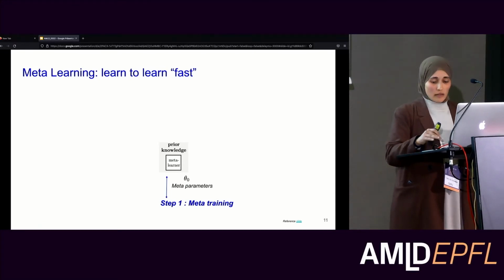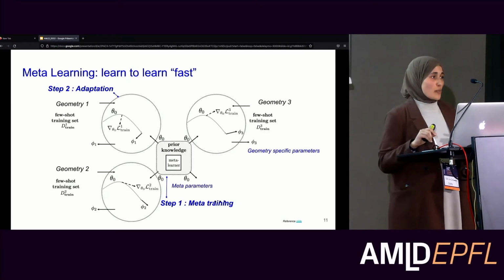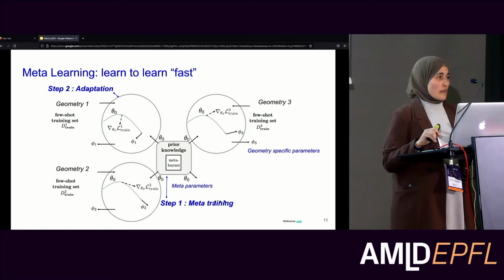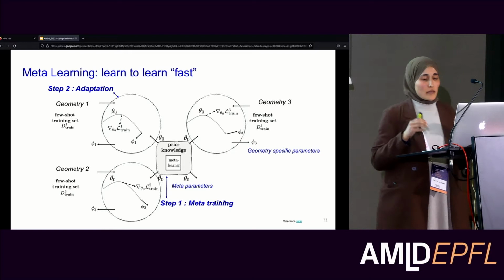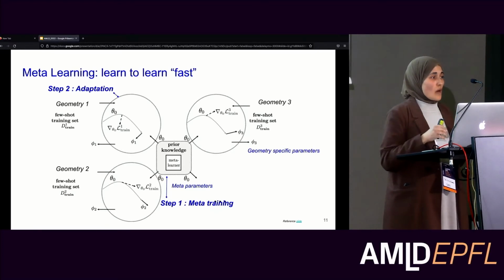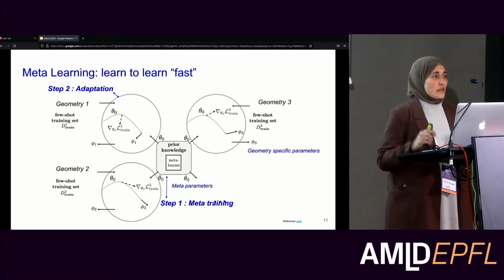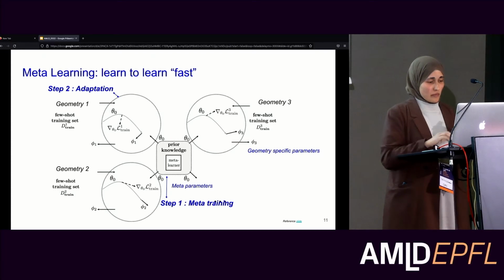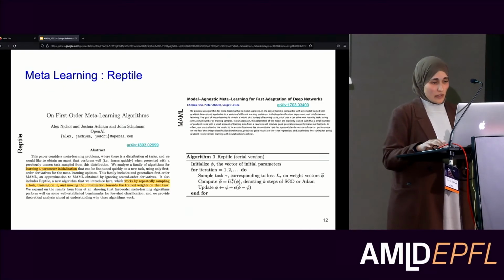Then in the second step, we use these meta parameters as an initialization of the model in order to get the specific parameters for our specific geometry, or task, as we call them in machine learning. So we start from theta 0, and then we optimize to the specific geometry or the specific task.